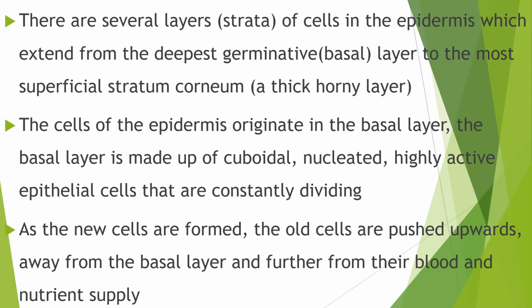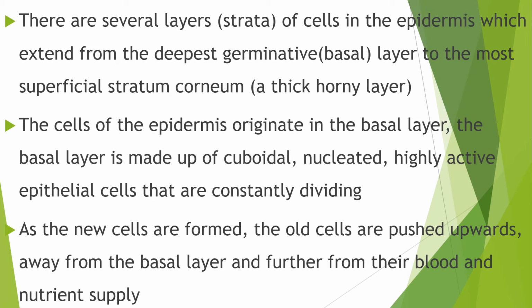It's very important to note this, because when it comes to your test, you don't want to be confused about which word is which. So the epidermis is made up of several layers of cells. These layers extend from the bottom.